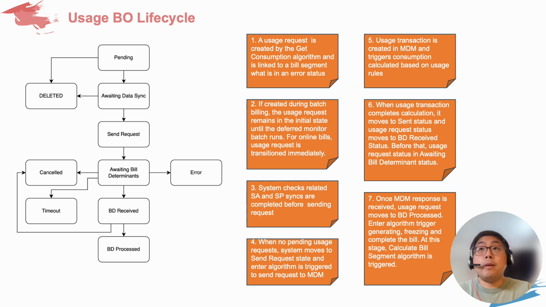And number 7, once the MDM response is received, the usage request moves to bill determinant processed status, and the algorithm triggers generating, freezing, and completing the bill at this stage. The calculate bill segment algorithm is triggered, which is in the generating part of this process.